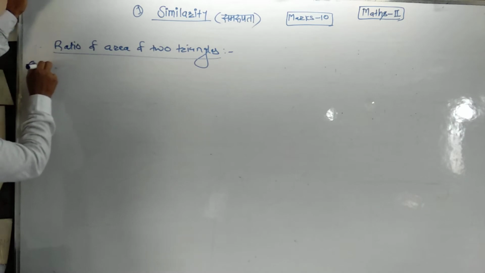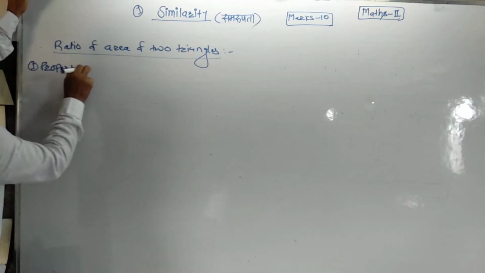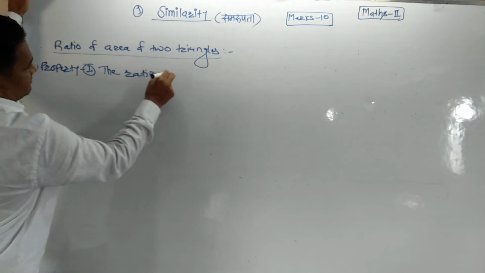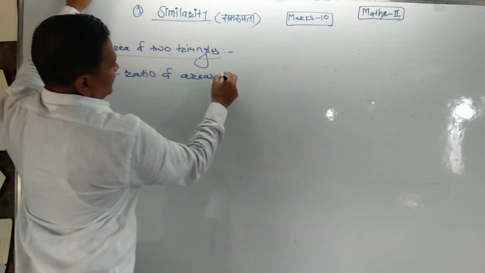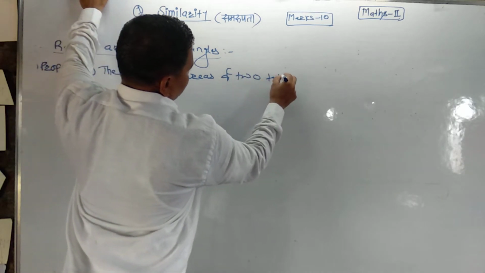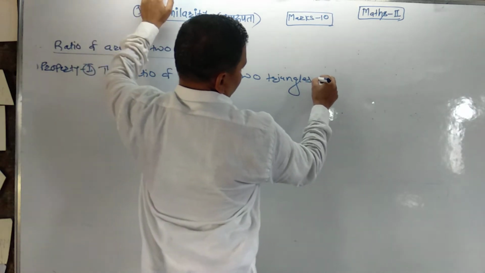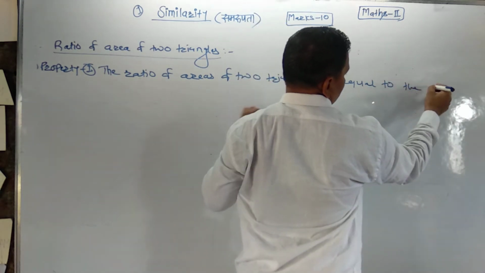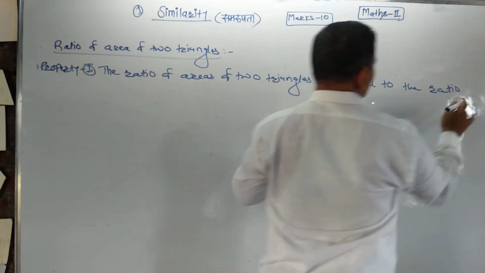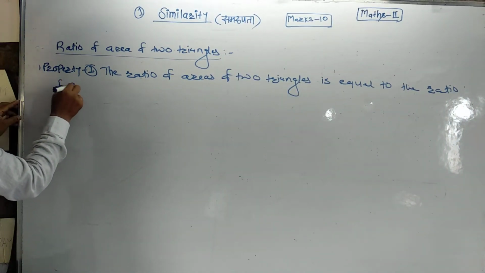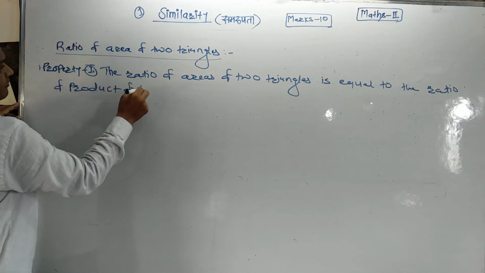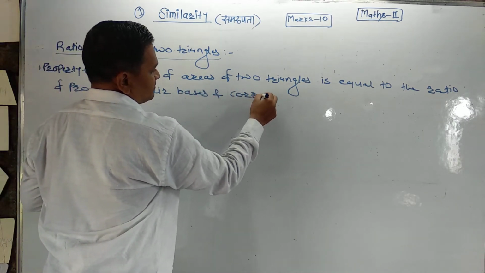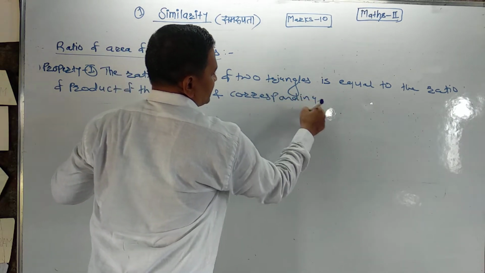First property: the ratio of areas of two triangles is equal to the ratio of the product of their bases and corresponding heights.